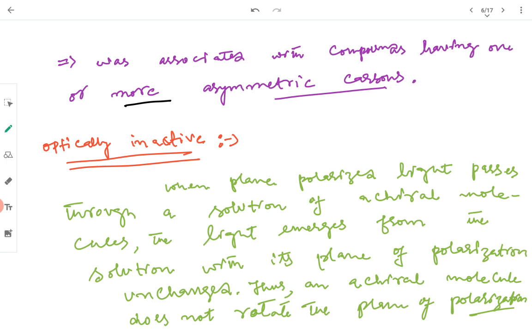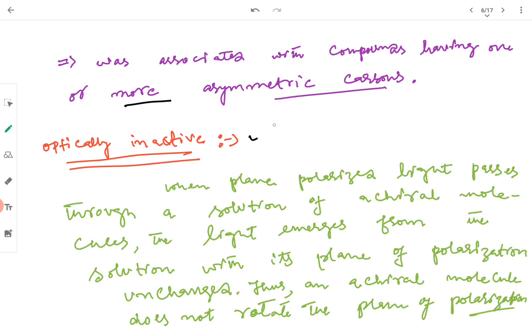They demonstrated that whether a compound rotates the plane of polarization clockwise or counterclockwise depends on the presence of one or more asymmetric carbons. If a compound has one or more asymmetric carbons, it will rotate the plane of polarization. If it doesn't, it doesn't rotate the plane of polarization at all.